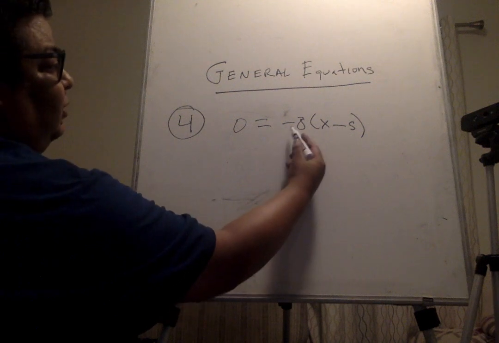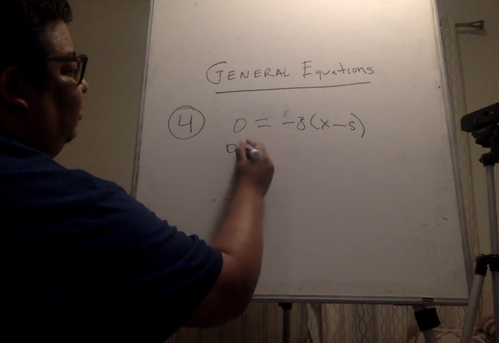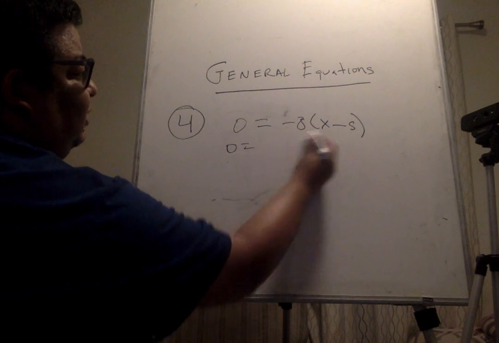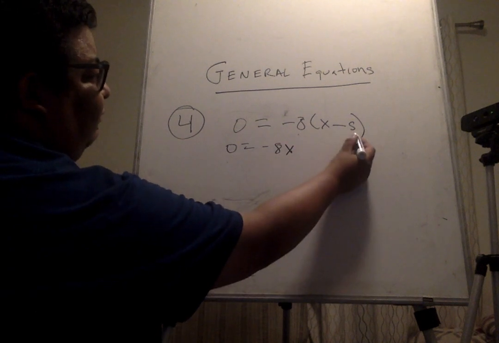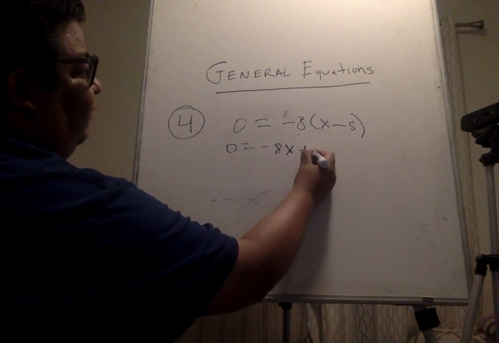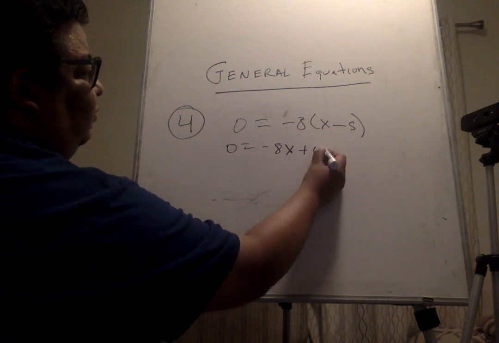So first, let's distribute the negative 8 to the sum. So that would be 0 equals negative 8 times x, that would be negative 8x. Negative 8 times negative 5, that's positive. Negative times a negative is a positive. So 8 times 5 equals 40.